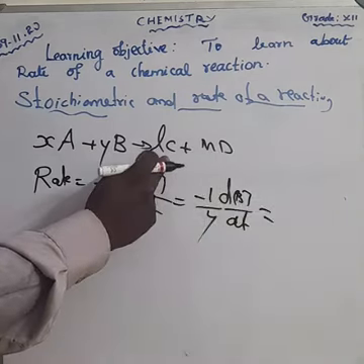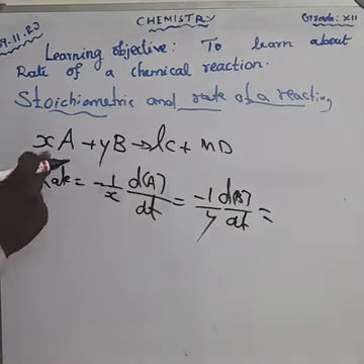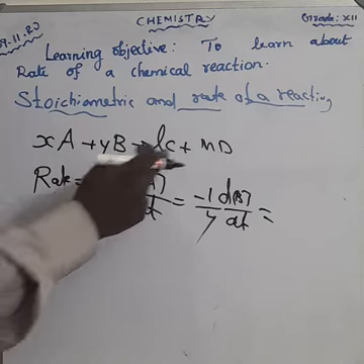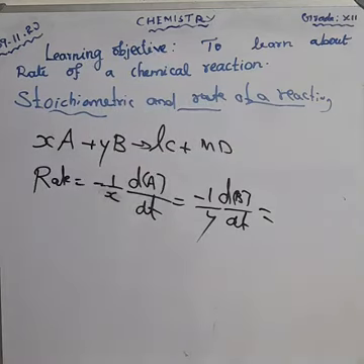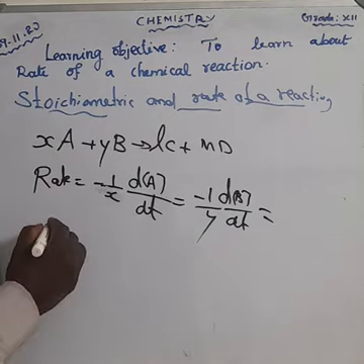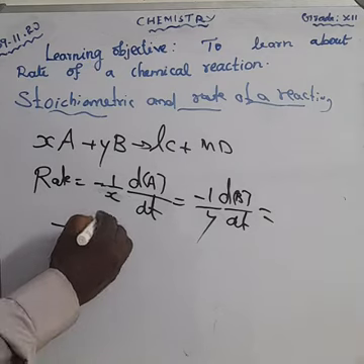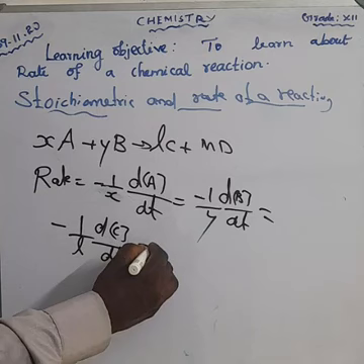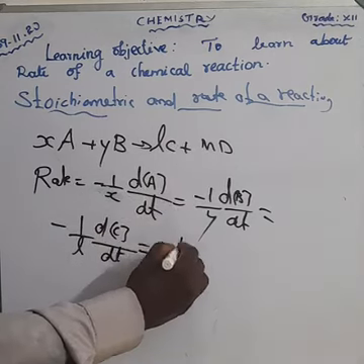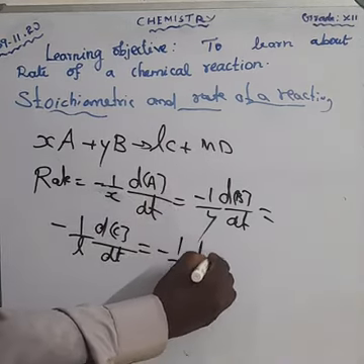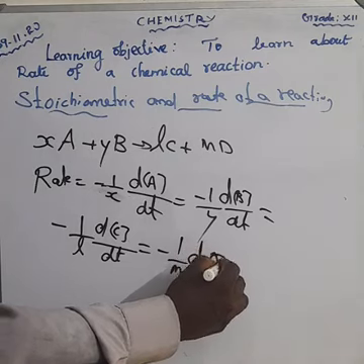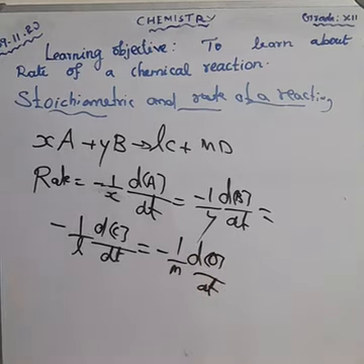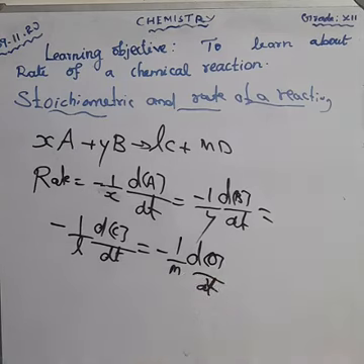For the reactant side we should give the minus. In the product side we should not give the minus. Reactant side only gives the minus. That is equal to 1 by l dC by dt, that is equal to 1 by m dD by dt. Can you write this general equation?